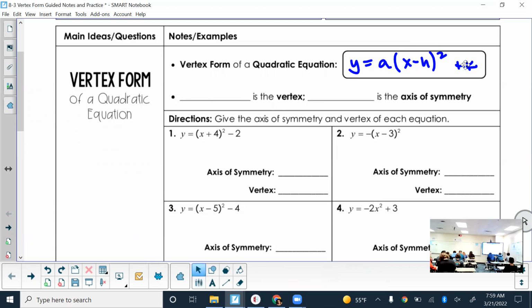So vertex form of quadratic equations: y equals a(x minus h) squared plus k.